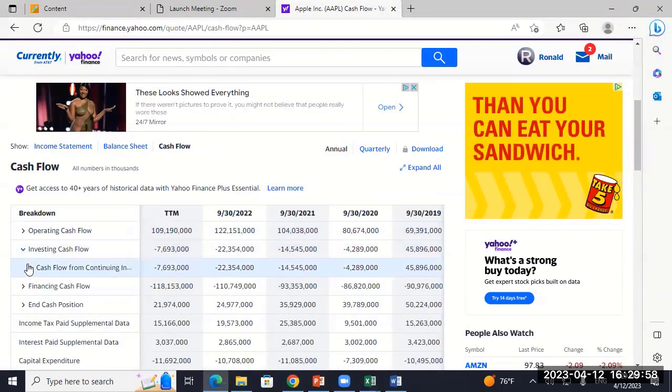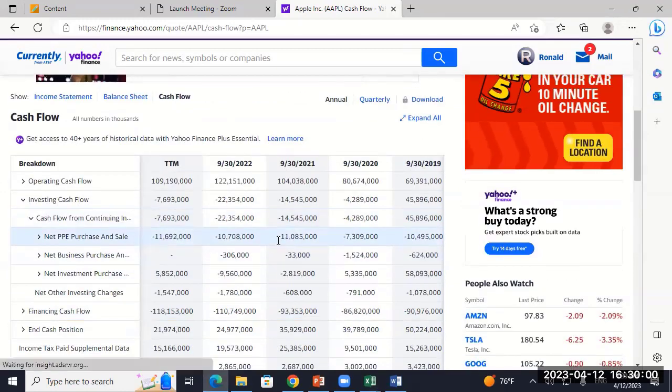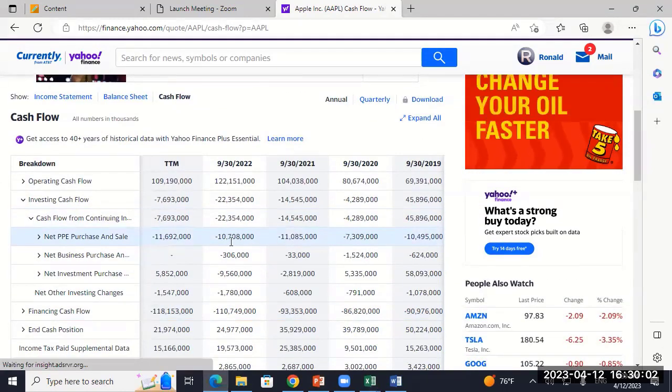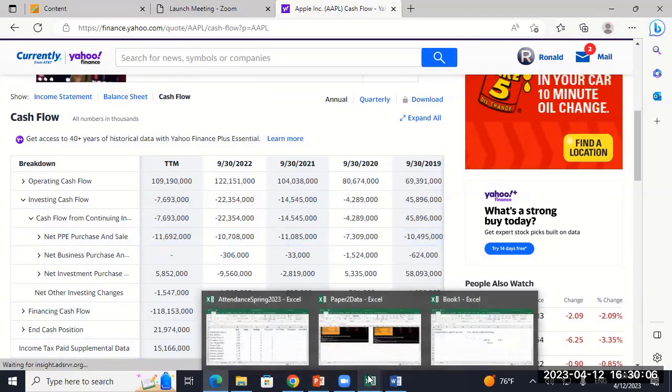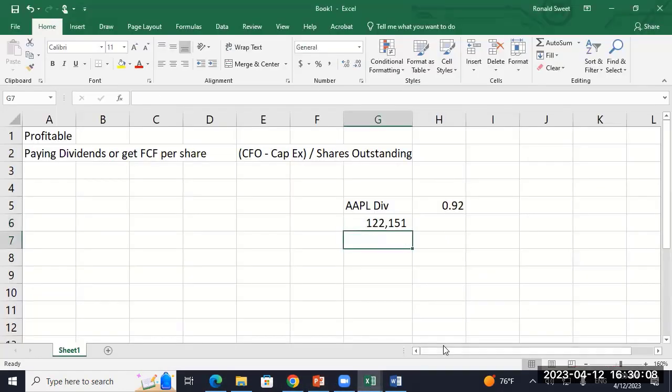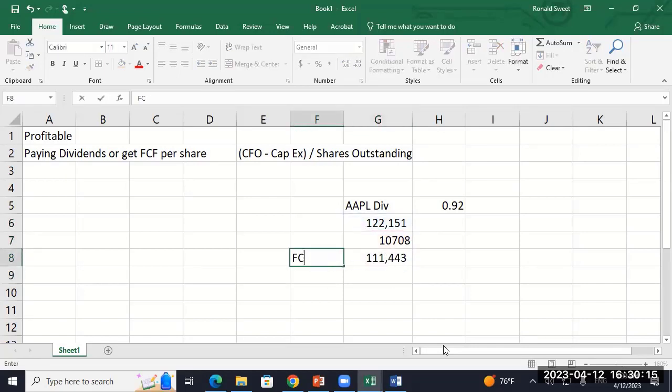Their CapEx is $10,708, almost nothing. So their free cash flow, and the number of shares.